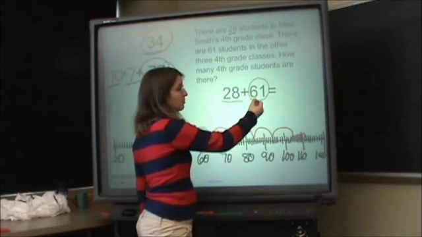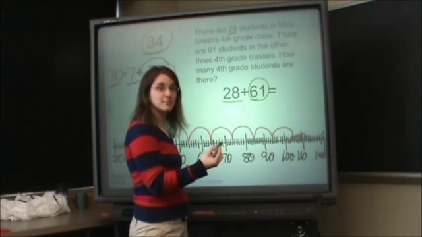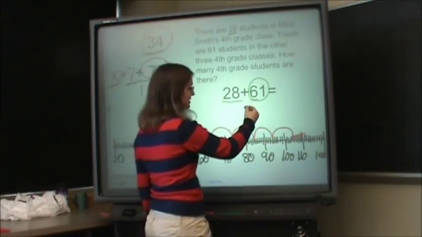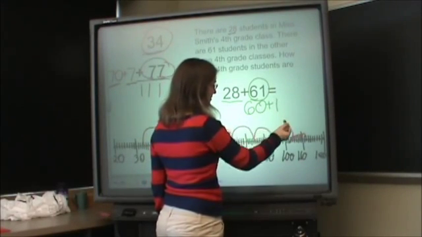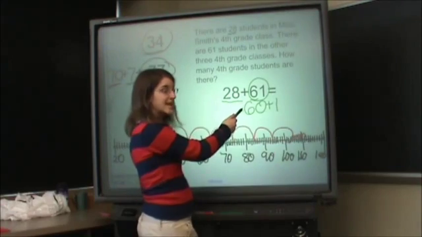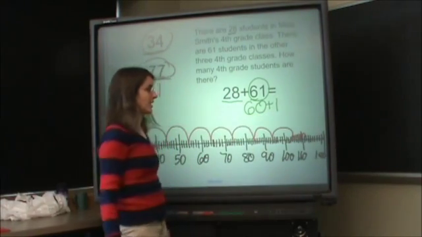We're going to pull apart the 61 just like we did in partial sum and say 60 plus 1, because it's made out of 6 tens and 1 one.